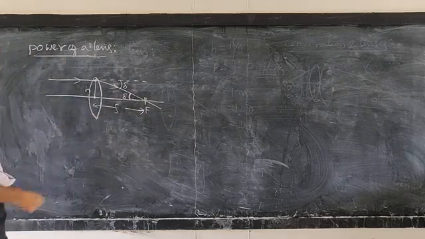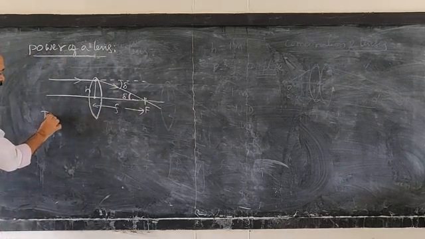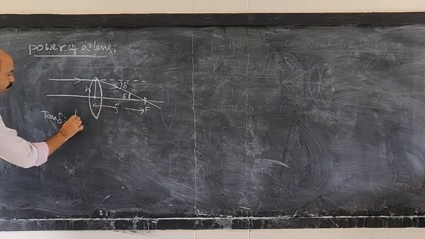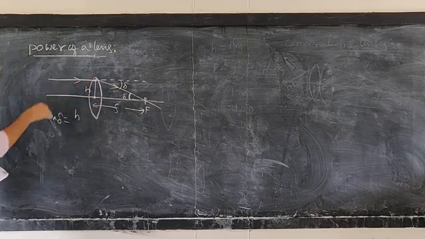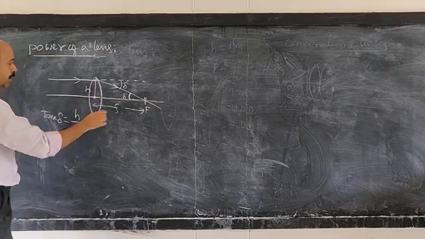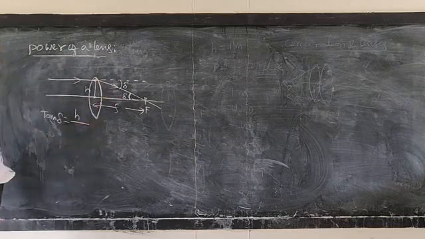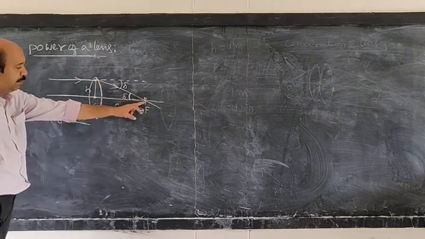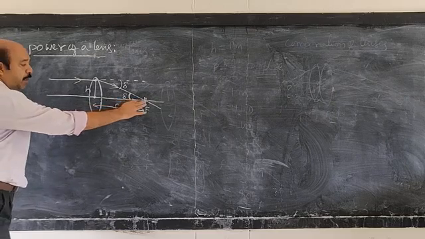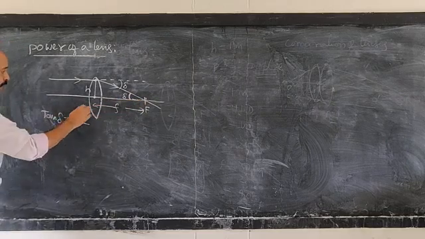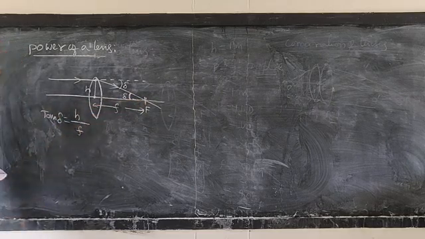Now from the figure we can say that tan delta is equal to the height at which the beam strikes the lens divided by the distance at which the ray crosses the principal axis. So here in this case it is f.